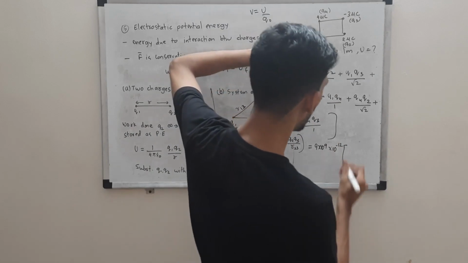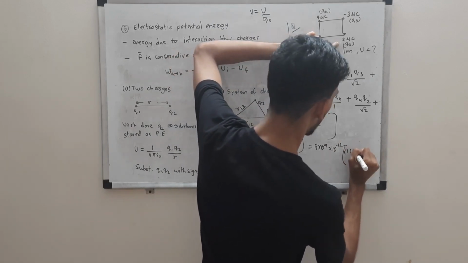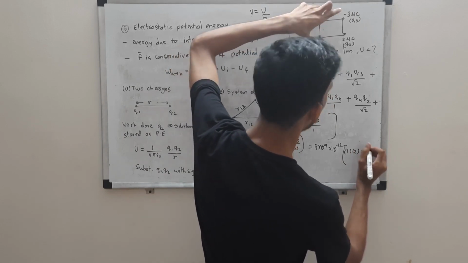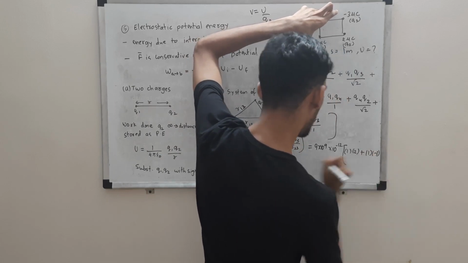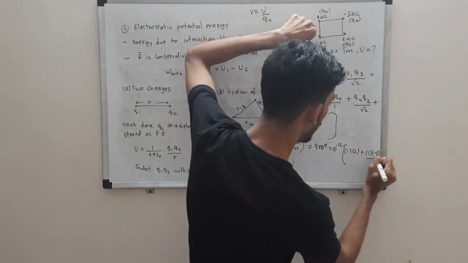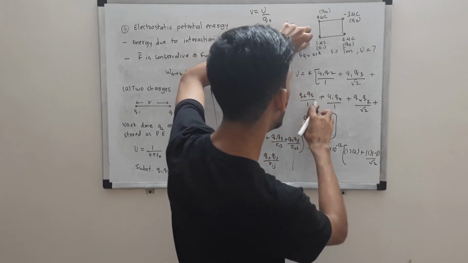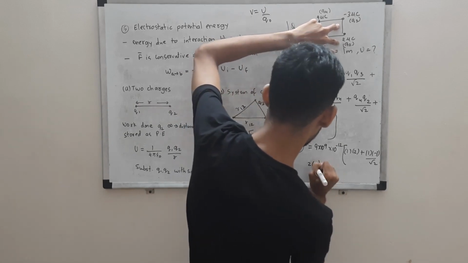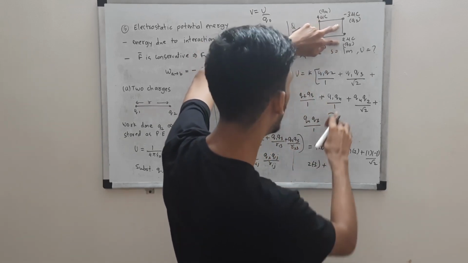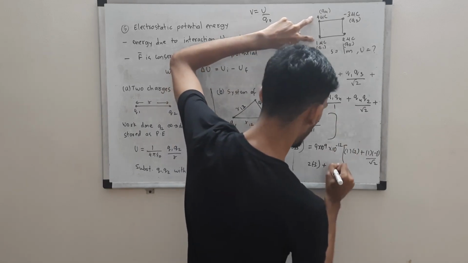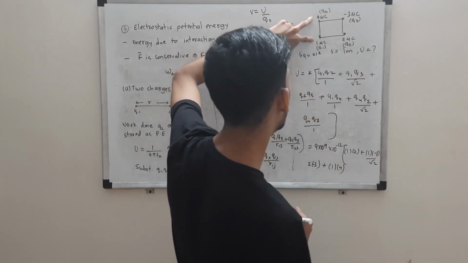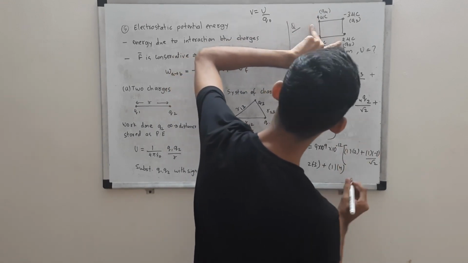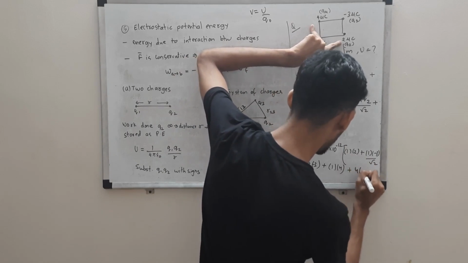So q1 q2, q1 q3 divided by root 2, then we have q2 and q3, 2 and minus 3, plus q1 and q4, then q4 and q2, and root 2 is the distance between them.